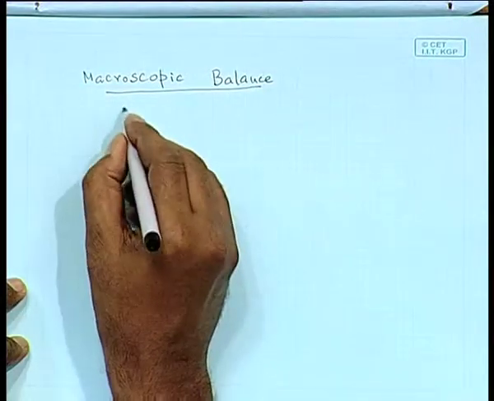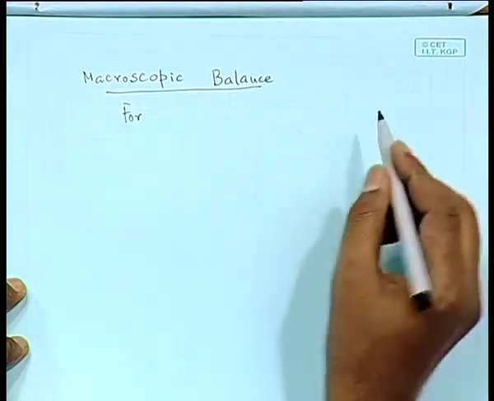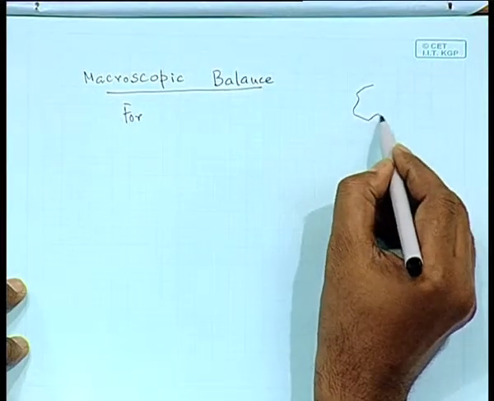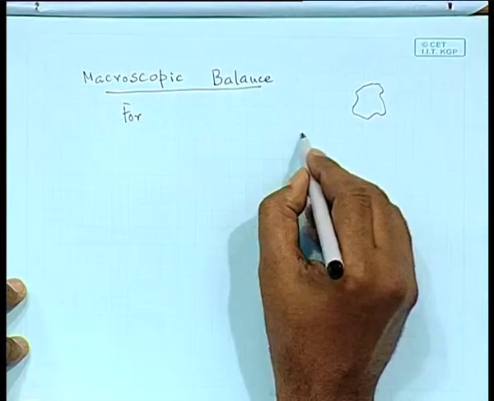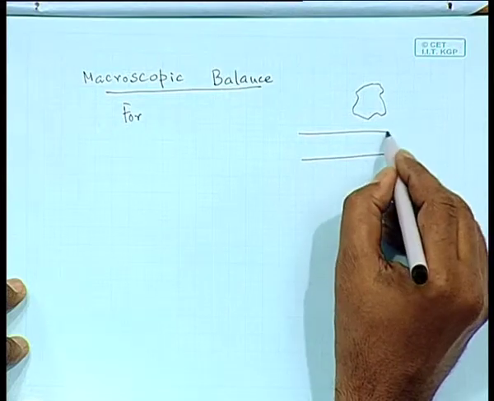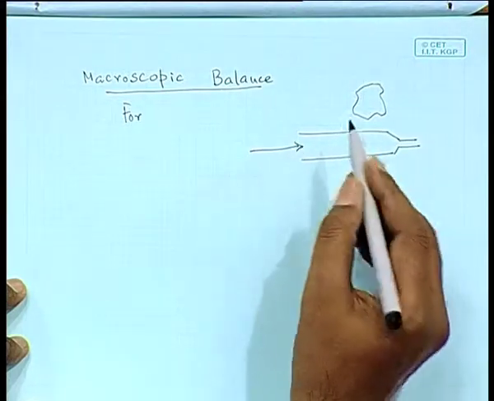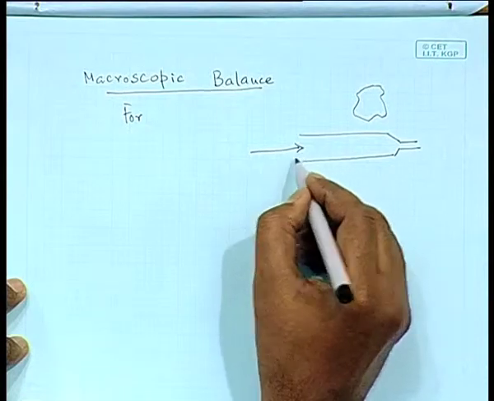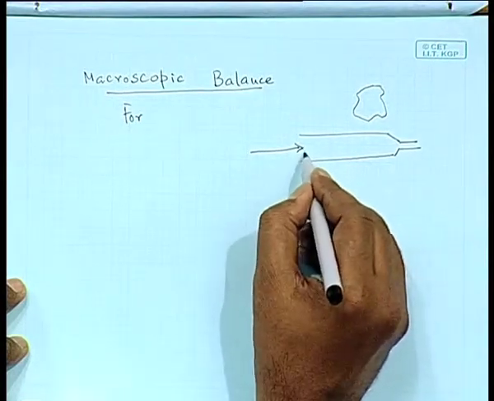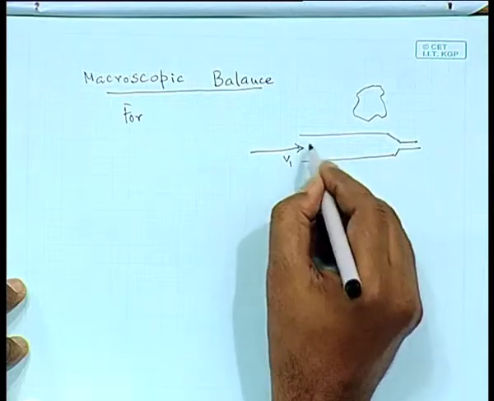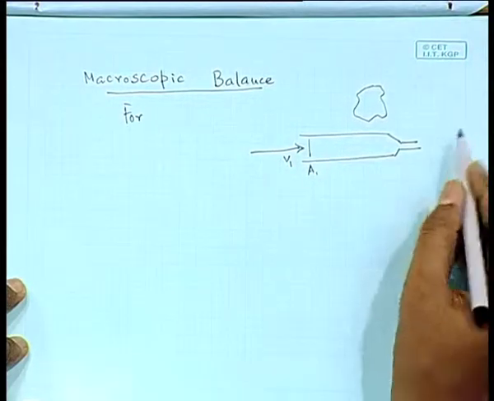Now, for a control volume, first of all you have to select a control volume of your system. Suppose you have a flow situation something like this. Suppose there is a nozzle, and it is a pipe. Water is coming in with a velocity v1. The cross sectional area is, let us say, a1.